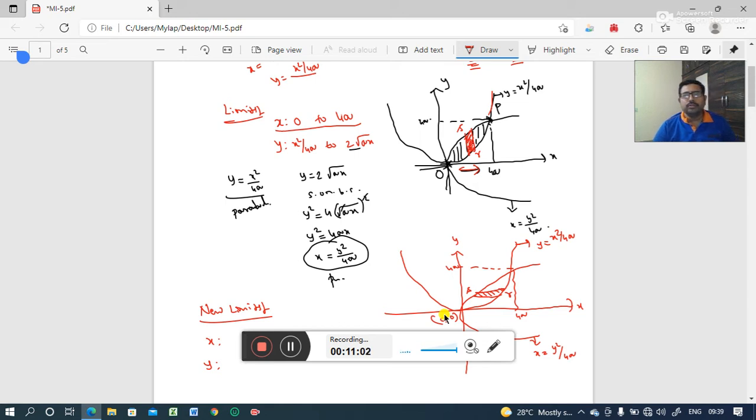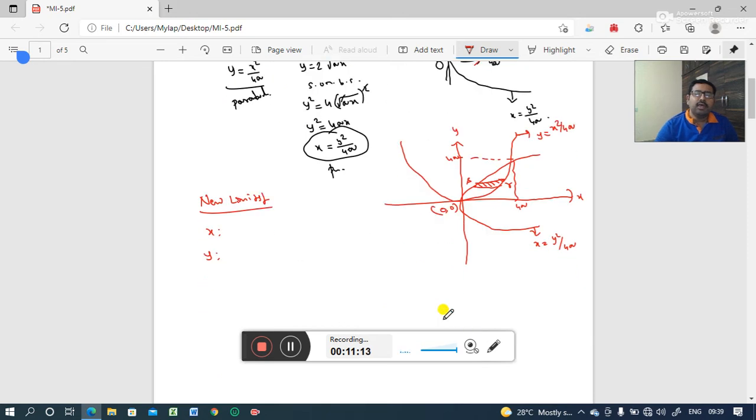Now you are going to change the order, so in place of x, on the y axis you are choosing the constant limits. On the y axis, what is the variation of y? It is from 0 to 4a. Therefore your y limits are from 0 to 4a.